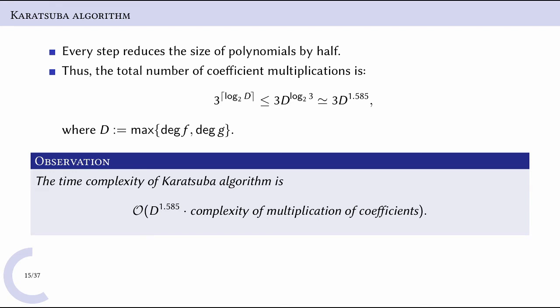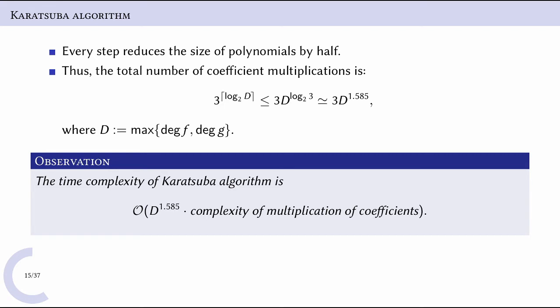Actually, the Karatsuba algorithm is not the fastest algorithm known. On the next lecture, we will learn an even faster algorithm, a completely different method of multiplying polynomials that beats even Karatsuba.